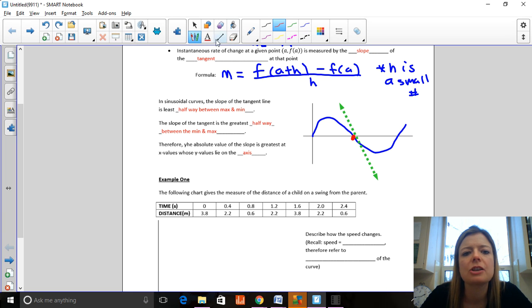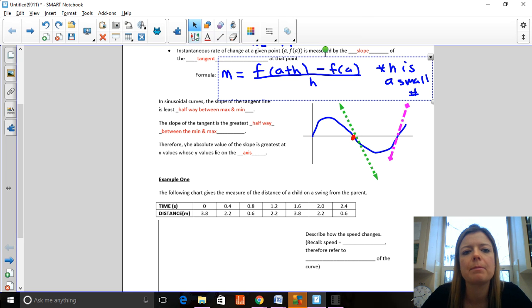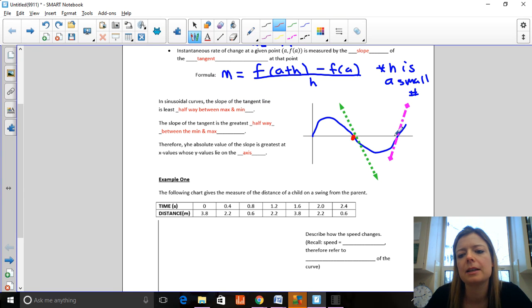Okay, the slope of the tangent is the greatest halfway between the min and the max. So here's the min, here's the max. So halfway between, your tangent will have the steepest possible slope. So this is the steepest negative slope. This is the steepest positive slope. Everywhere else, it will kind of go up or down.